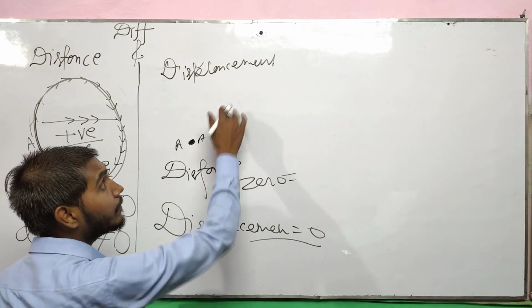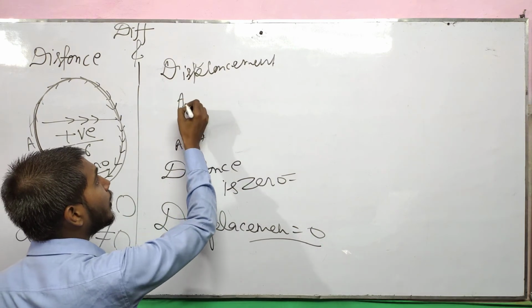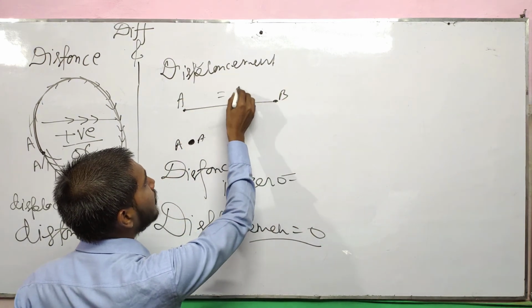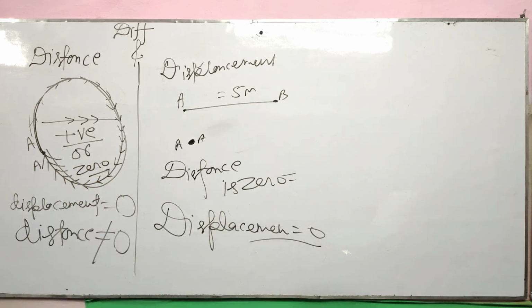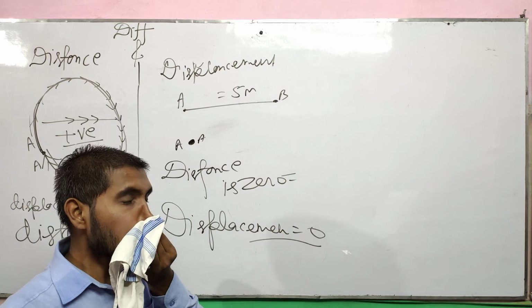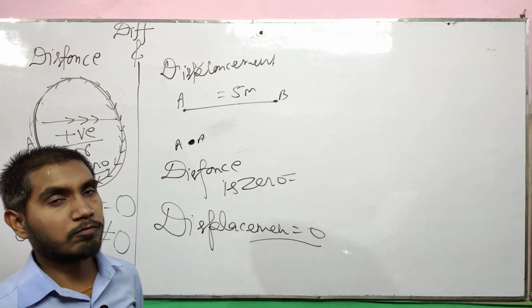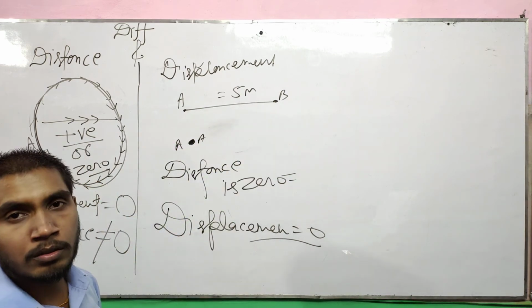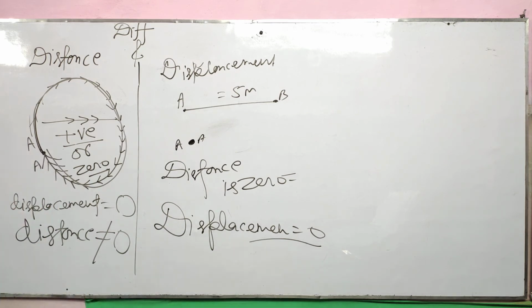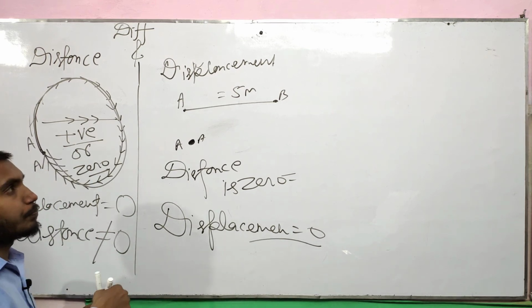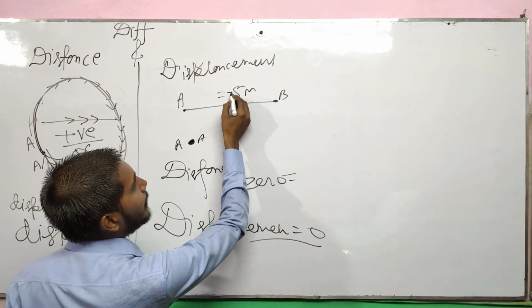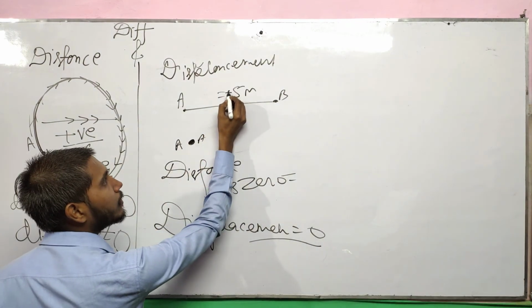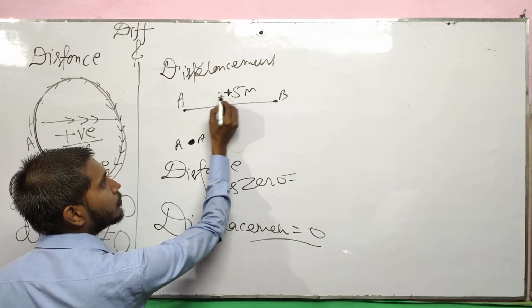But displacement, when you go A to B, let's see. When you go A to B, displacement is plus 5 meter.